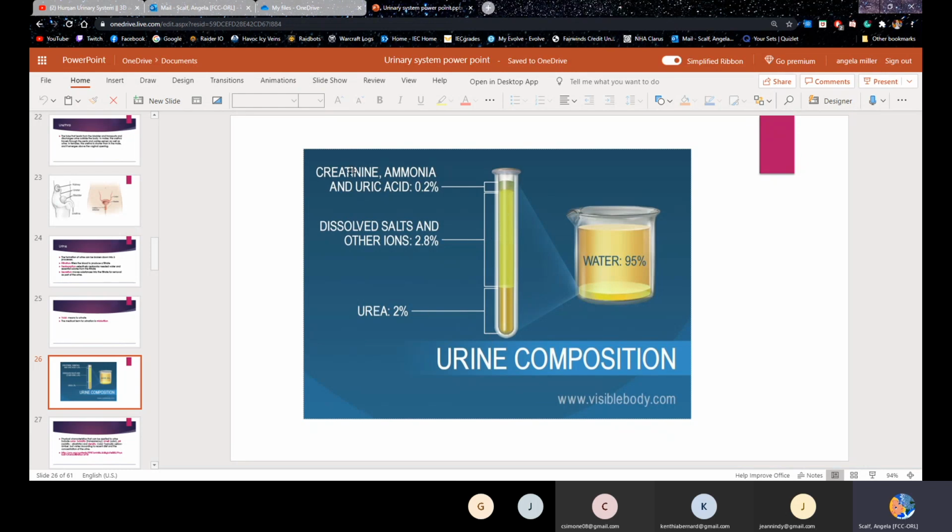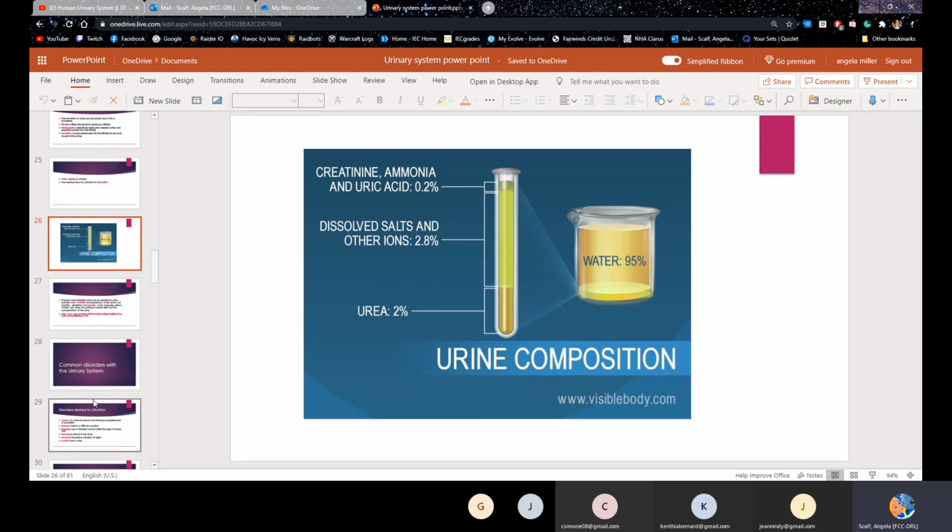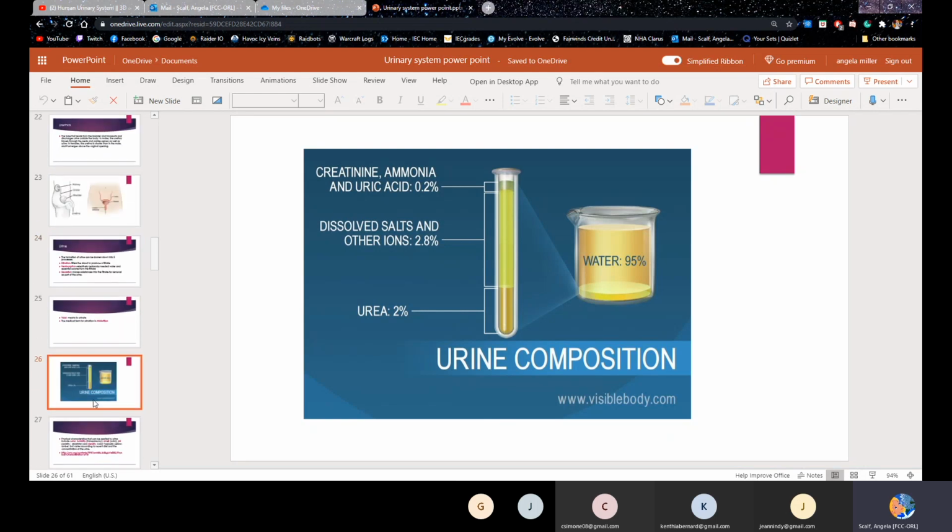But if these are high, they might be a sign something else is wrong. And we'll talk about that tomorrow. We'll start getting more into urinary processes. It may not be tomorrow, it might be the next day, but this will get you prepared.